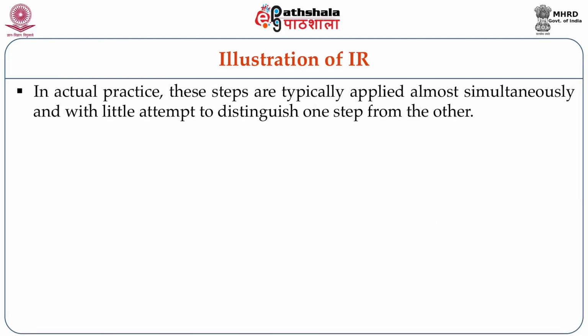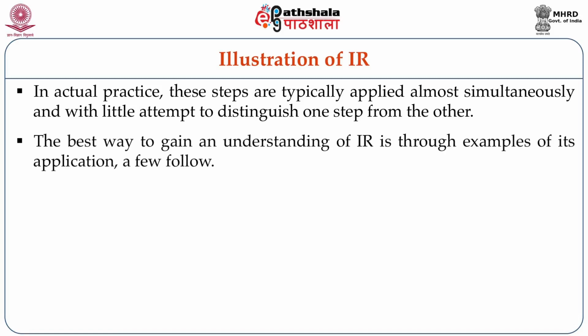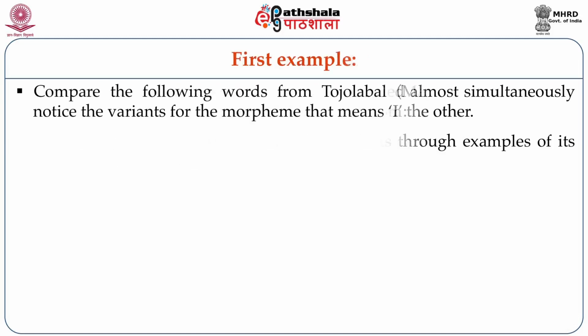In actual practice, these steps are typically applied almost simultaneously and with little attempt to distinguish one step from the other. The best way to gain an understanding of internal reconstruction is through examples of its application, as will be illustrated below.